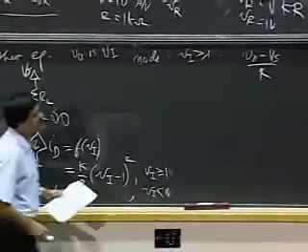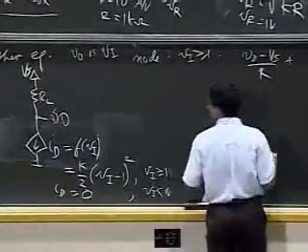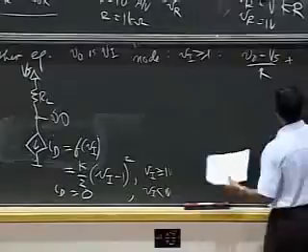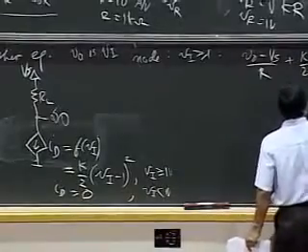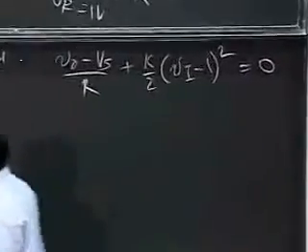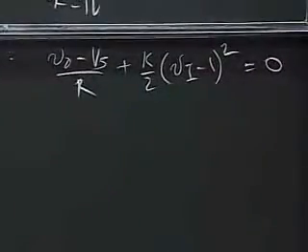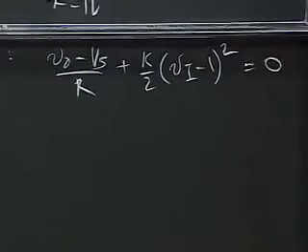Plus the current going down must sum to 0. Plus ID must sum to 0. And ID is known to be K divided by 2 times (Vi minus 1) whole squared. That must equal 0. Straightforward application of the node method. Current going up plus the current going down at this node should equal 0 because the total current leaving the node must be 0.